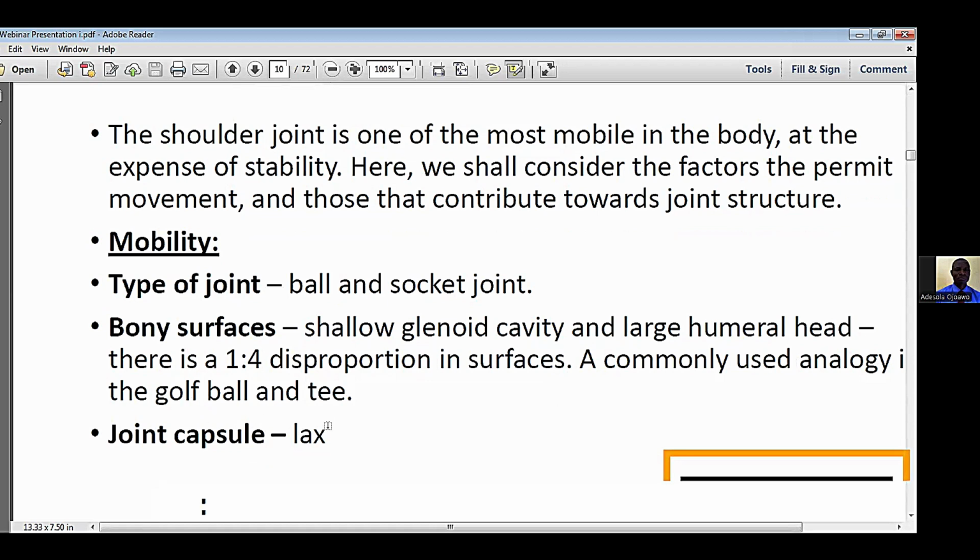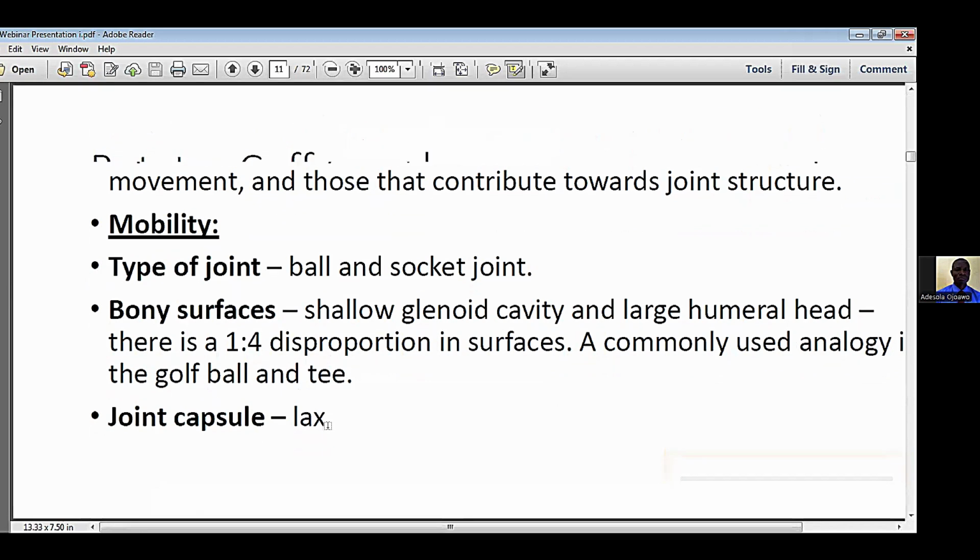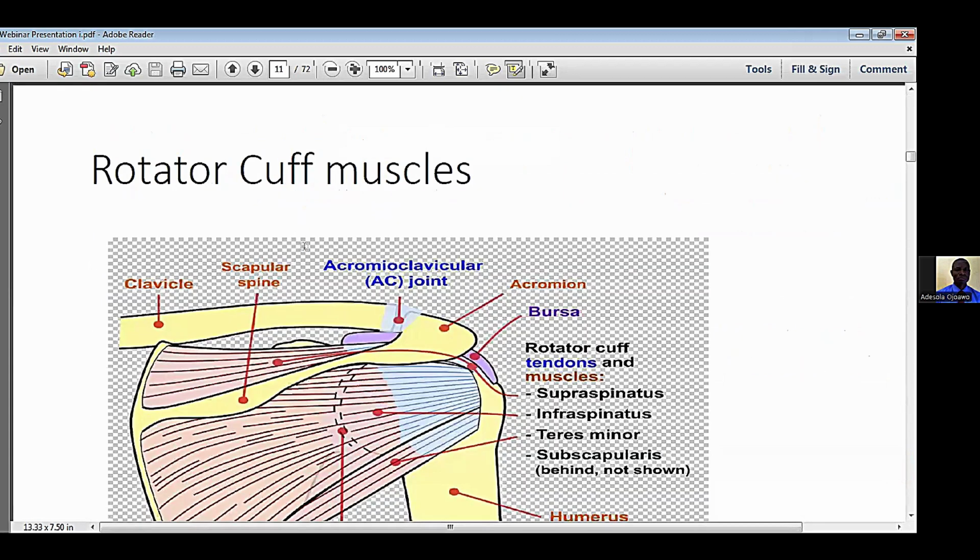Then we have the joint capsule, which is lax. The joint capsule is not too tight, so it can accept movement inside the joint. Those are some of the factors responsible for the mobility of the joint. I put down here the rotator cuff muscles, which we are familiar with.